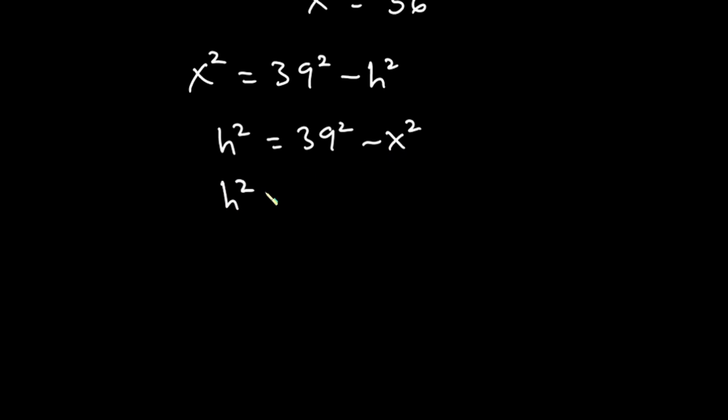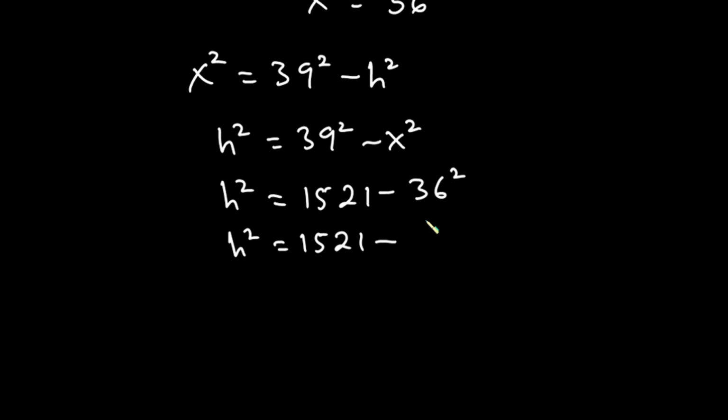So we have h squared is equal to 39 squared, which is 1521, minus x, which is 36, so we're going to have 36 squared. Now let's simplify this. We have h squared is equal to 1521 minus 36 squared, which is 1296. So let's simplify this further. h squared is equal to 1521 minus 1296. That is 225.